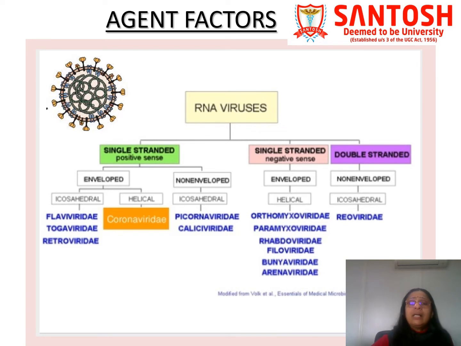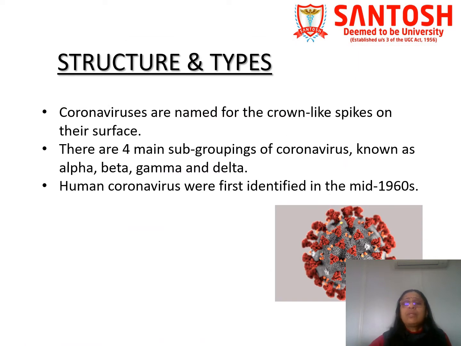There are other families of RNA viruses also which are related to Coronaviridae, like Flaviviridae, Togaviridae, Retroviridae, Picornaviridae, Caliciviridae. These are different single-stranded RNA viruses, and Coronaviridae is just one family out of all these, and the coronavirus of this COVID-19 pandemic belongs to the Coronaviridae family.